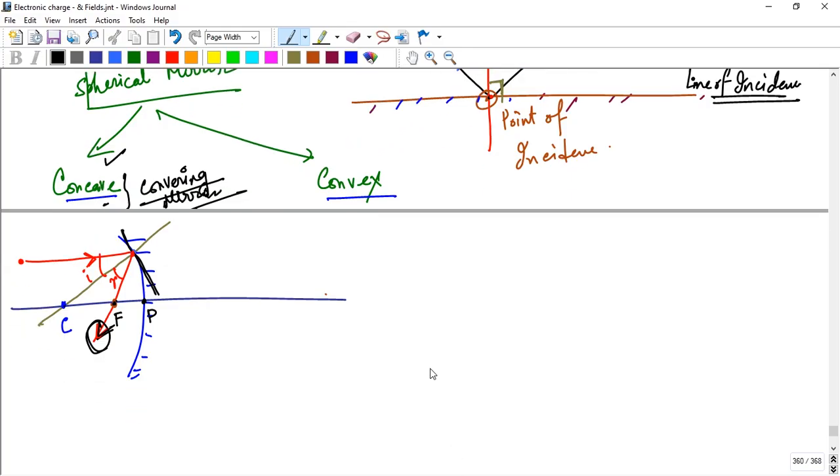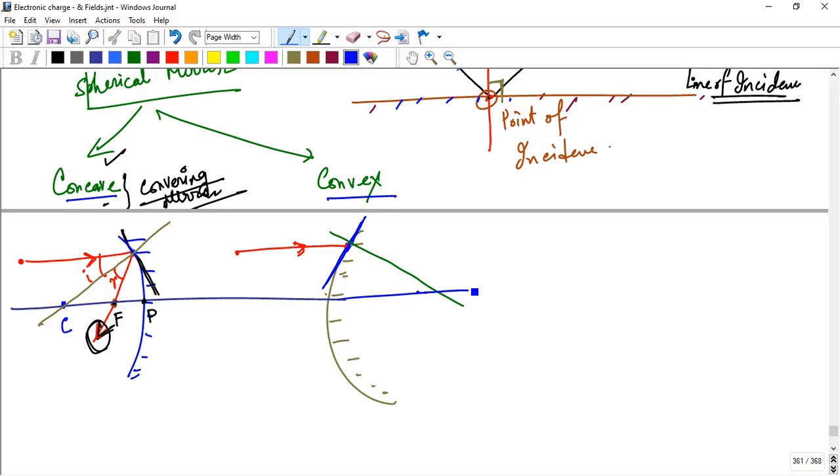Similarly there is the convex mirror, but the shape is slightly changed. This is the convex mirror. That's the principal axis, and the incident ray from the source falls on this point, called the point of incidence. Draw a tangent here, and now draw a normal, which looks like this.